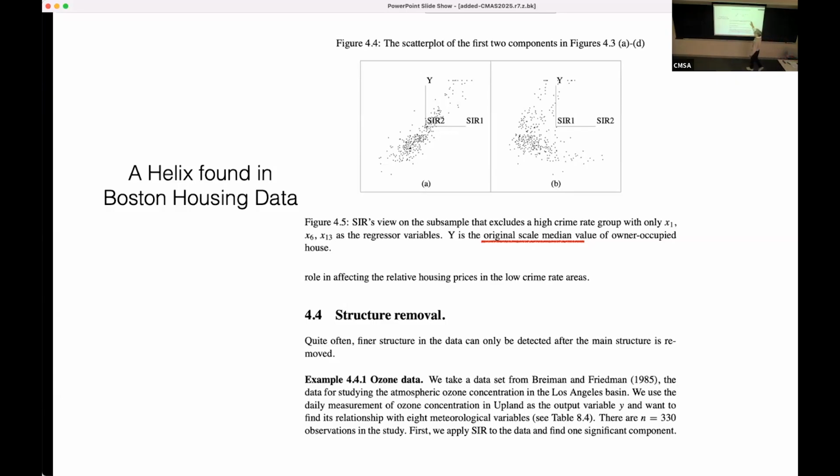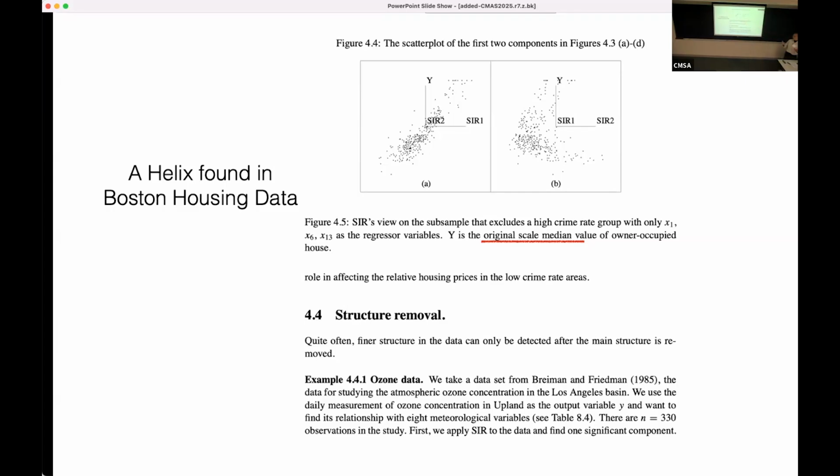But if you look at the other one, it's totally different. It is the crime rate and the percentage of poor, a combination, multiplied together.